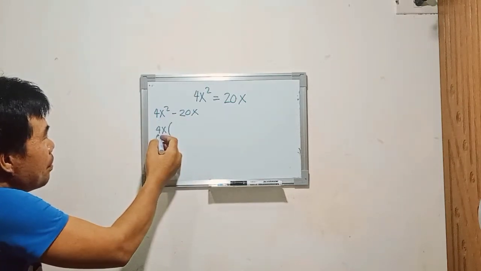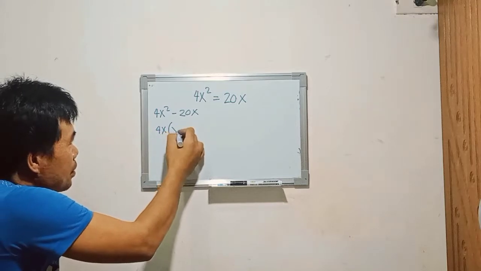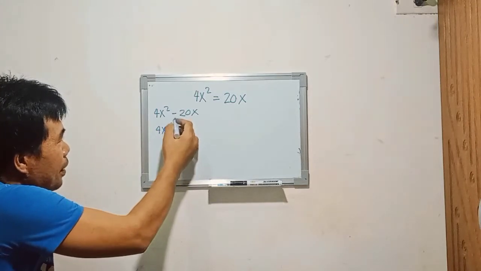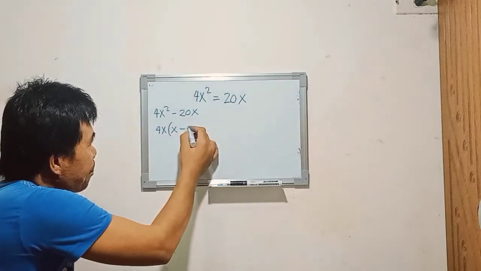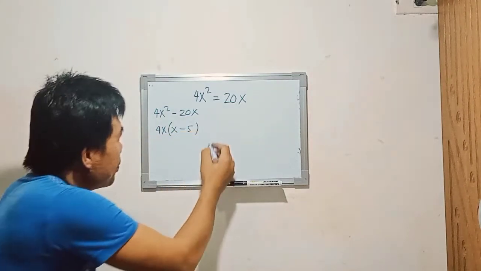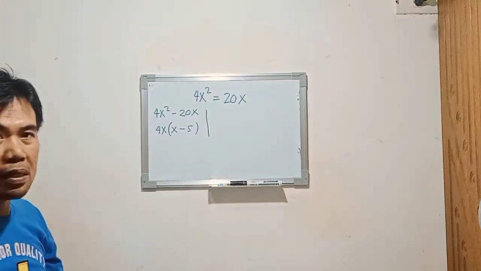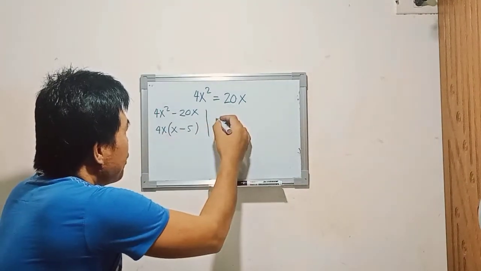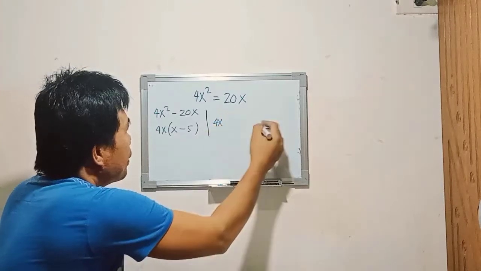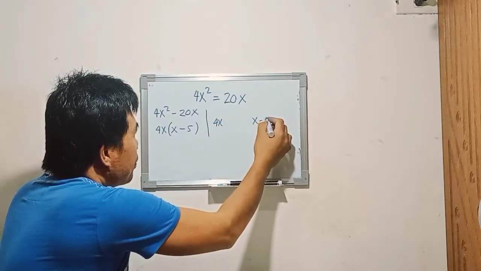4x squared divided by 4x is equal to x. And negative 20x divided by 4x is negative 5. Next step is we do the zero property. Okay, let's split these terms: 4x and x minus 5.